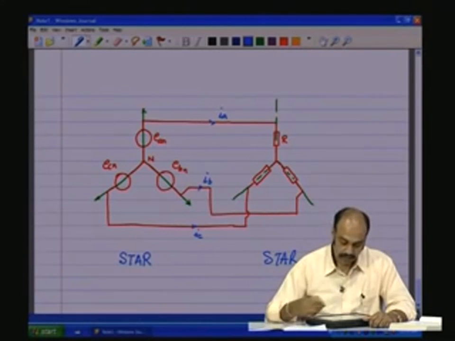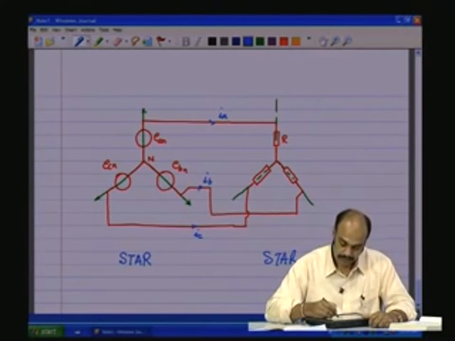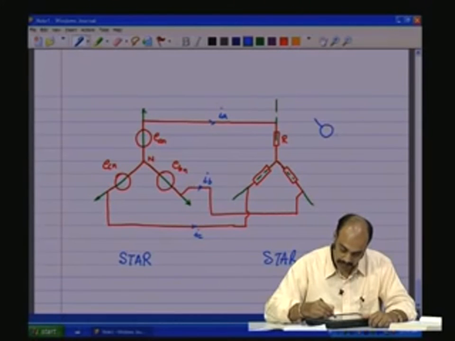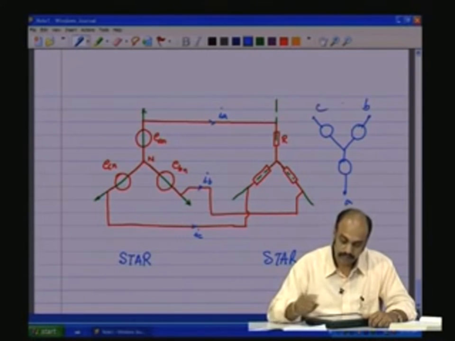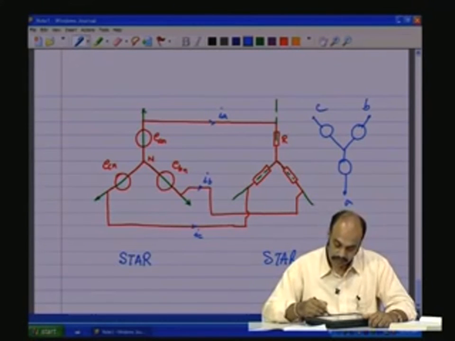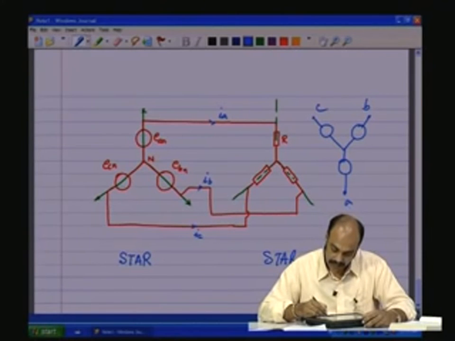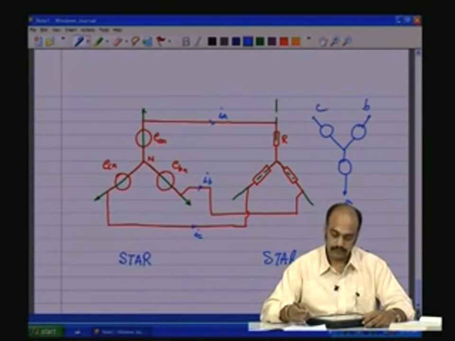and if it is in the inverted way, that is, if in some cases the circuits may be written in this form. Here the A, B, C. So, this looks like a Y, and this is called a Y circuit.